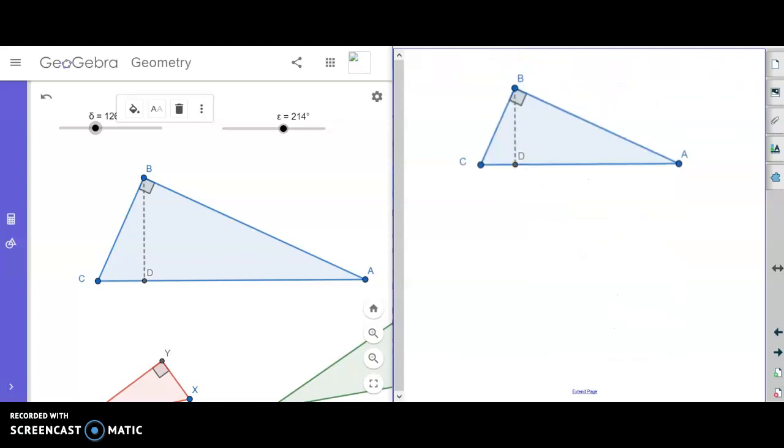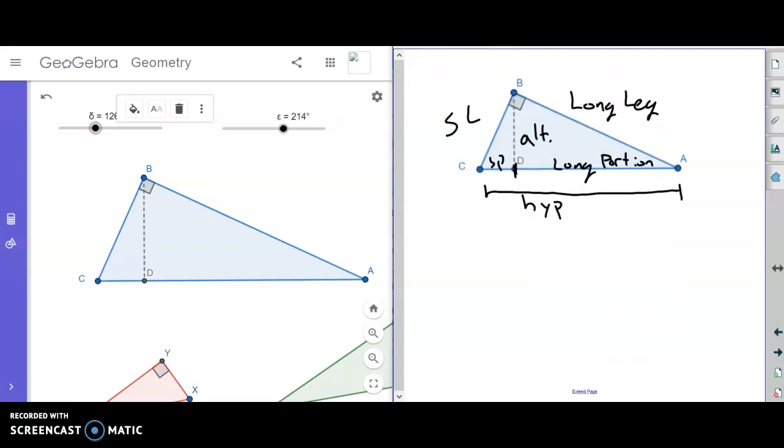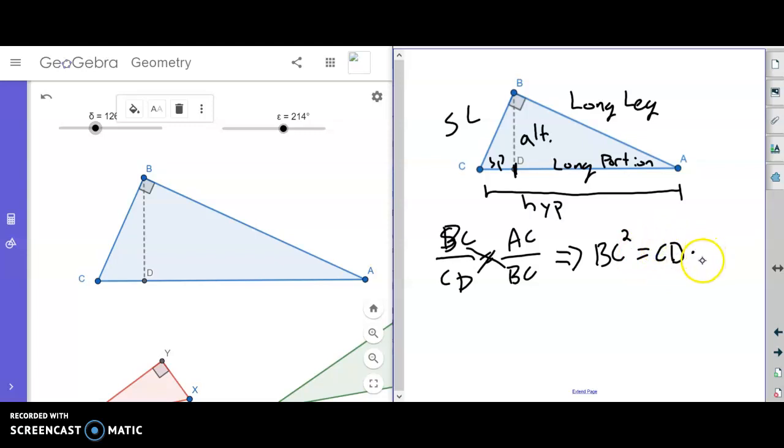So we have BC over CD equals AC over BC. And what I can actually do is take that, and when I cross multiply, I end up getting BC squared, the short leg squared, is equal to the portion of the hypotenuse next to that leg times the entire hypotenuse.